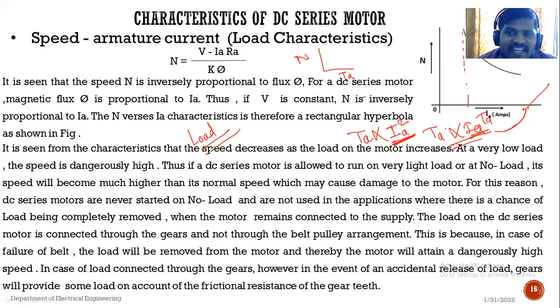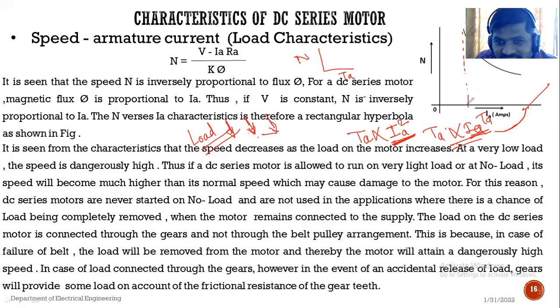When the load is minimum, the armature current is minimum. Right. So when the load is minimum, that means the torque is minimum, that means armature current is minimum.